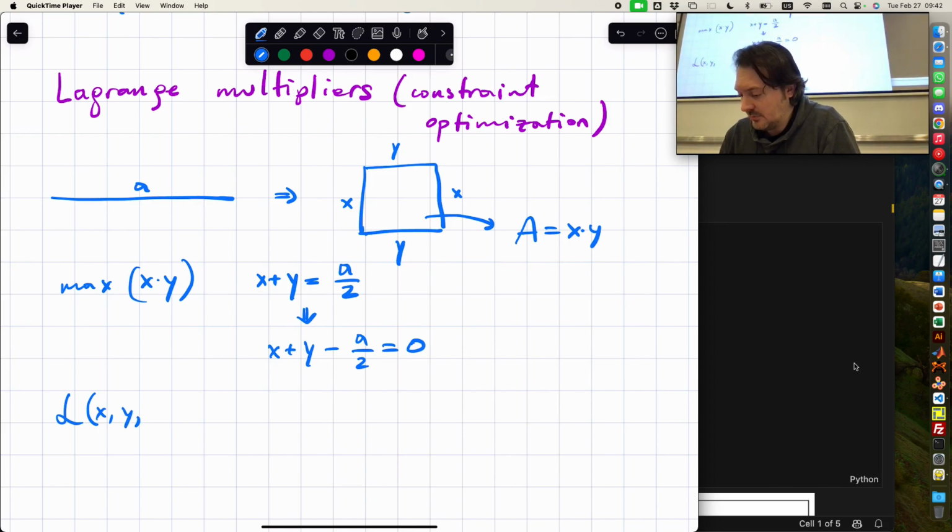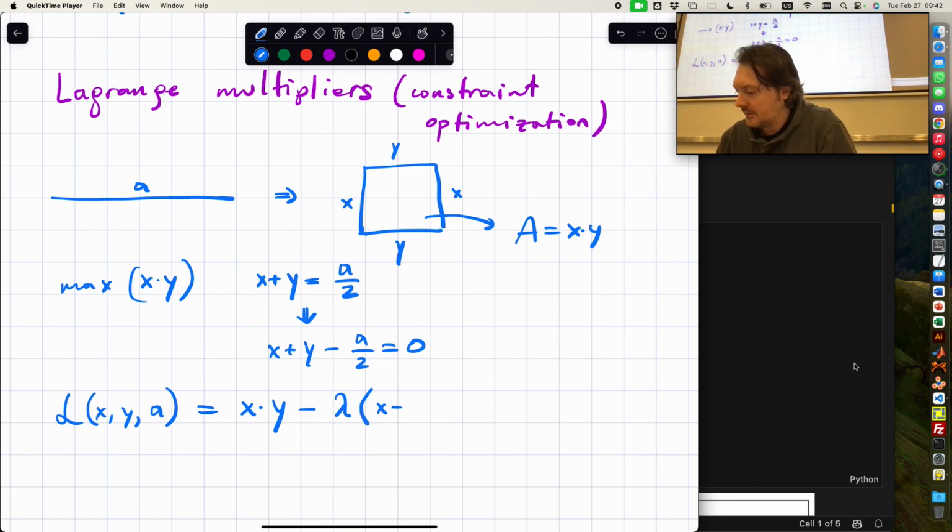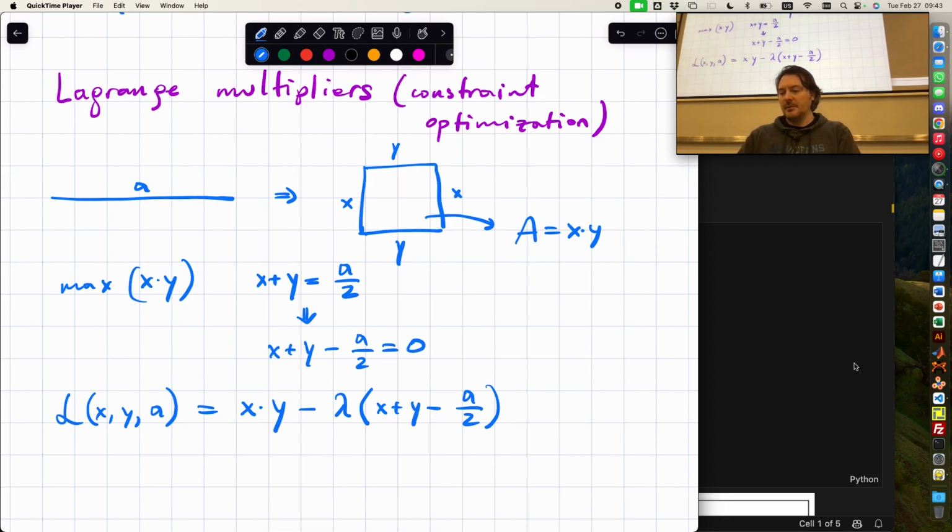Lagrangian. Nice. You write down a Lagrangian which looks like this: your function that you want to maximize, minus the Lagrange multiplier, lambda, times x plus y minus A over 2. This is your function, okay?